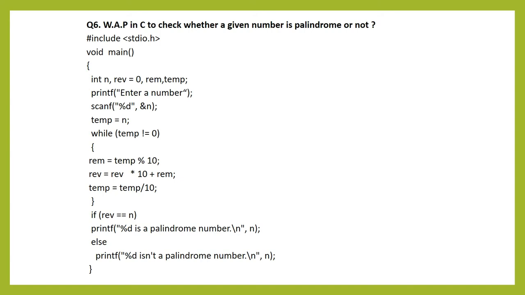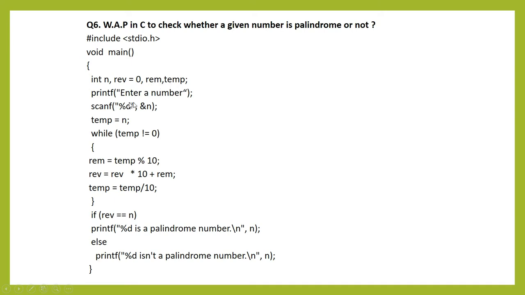Okay. So here we should check whether the number is a palindrome or not. For that we have to define an n variable for accepting the number, and for checking the reverse number we have to define one REV variable, and for finding the remainder one REM variable, and one temporary variable.